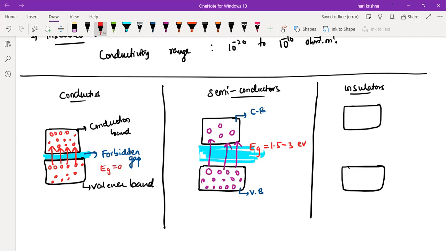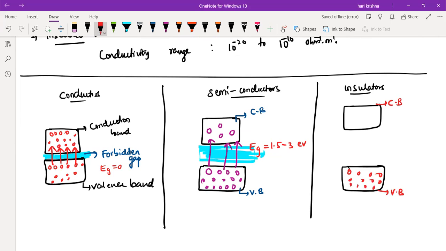Now in the insulator case, this is the conduction band and this is the valency band. Tell me whether electrons will move from the valency band to the conduction band. Is it possible? No, sir. Why? Because the distance between these two bands is very large.